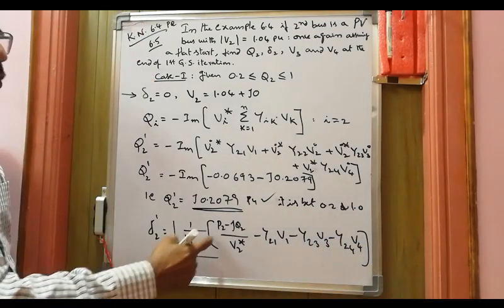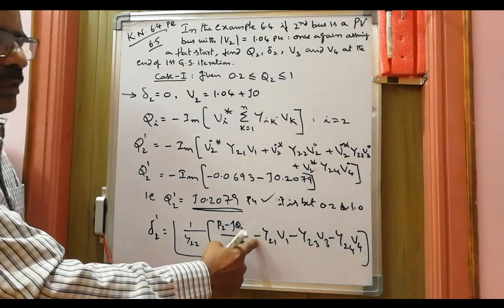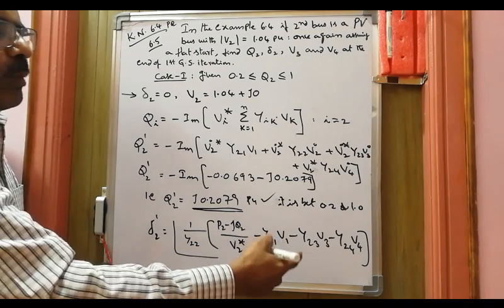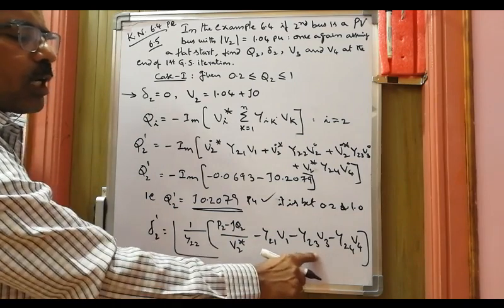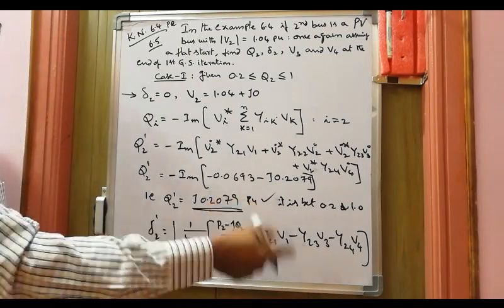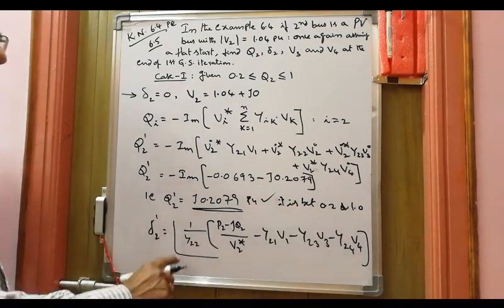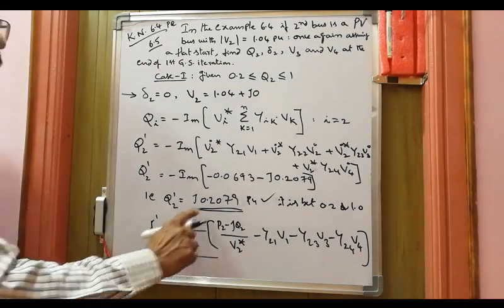So 1 by Y22, (P2 minus jQ2) by V2 conjugate, minus sigma Yik Vk, k is 1 to n, but k is not equal to i. That's why you are not going to get the Y22 V2 term. That will be missing. So the remaining all, it is the angle of all this V2 value. So that V2 is this.